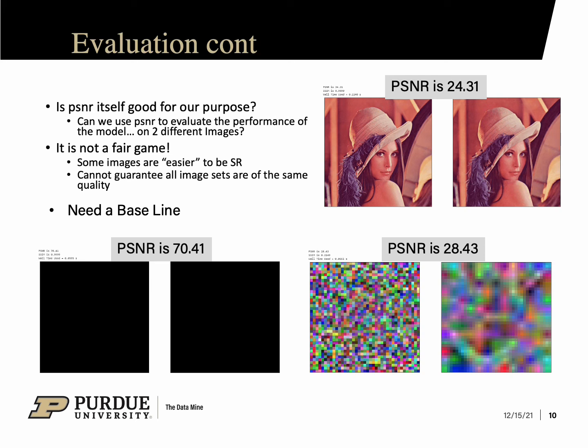However, if we implement on the colorful image, the PSNR will perform badly because it is harder to train. But we can't say if the PSNR for the colorful image is worse then the model for this is worse. Some images are easier to be super resolution, while some are not. So I add a baseline to help us evaluate our model, and the baseline is bicubic or bilinear interpolation.